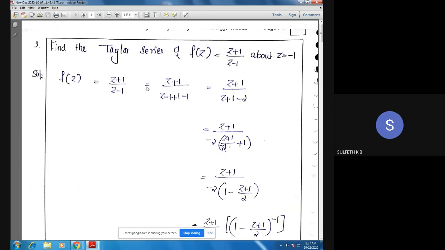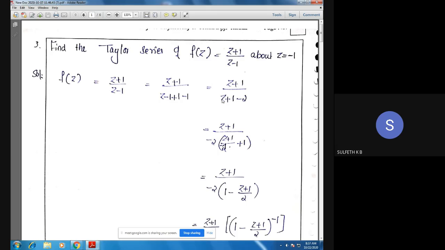Which is equal to z plus 1 divided by z minus 1. The numerator is the same. Then the denominator can be changed by adding plus 1 and minus 1 to z minus 1, so z minus 1 plus 1 minus 1. Then z plus 1, take it together, and minus 1 and minus 1 get minus 2.